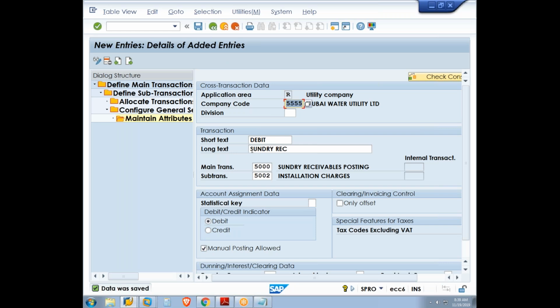Actually, we have to change the description of the short text and long text. We have done that and then save it. Now we can also give here debit entry, but we can also make it more specific: installation charges, and then save it. Similarly, for the earlier one also we'll change it.